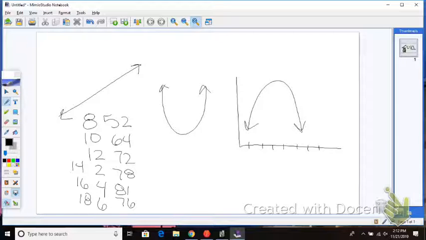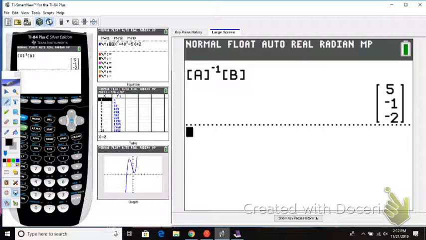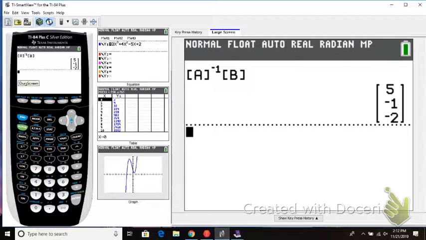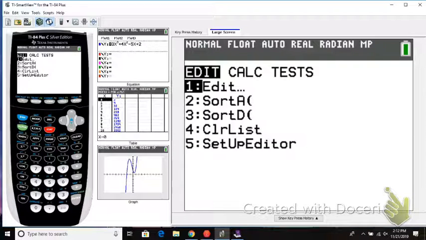So let's remember how we do this. This is going to be our L1. This is going to be our L2. Does anybody remember the magic button that you use? No, second matrix is for matrices. This is for regressions. Stat. Okay, so we're going to go to stat, and then what do we need to do first with our lists? Clear our lists.